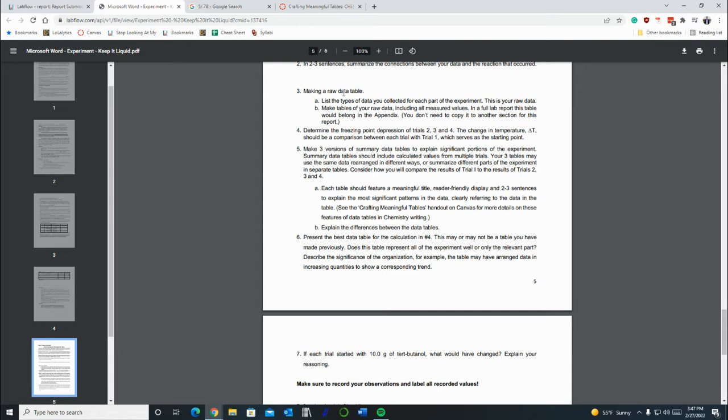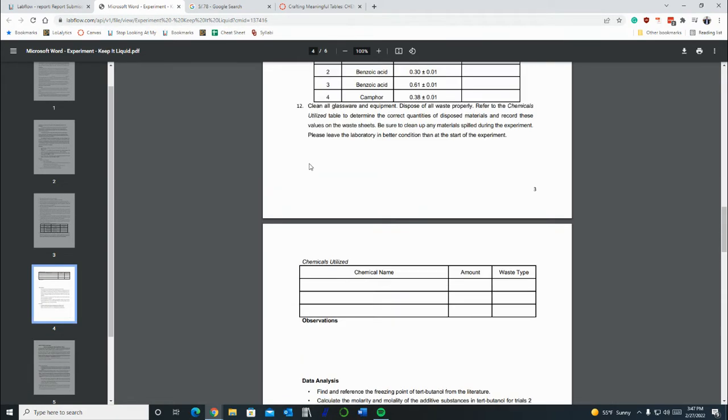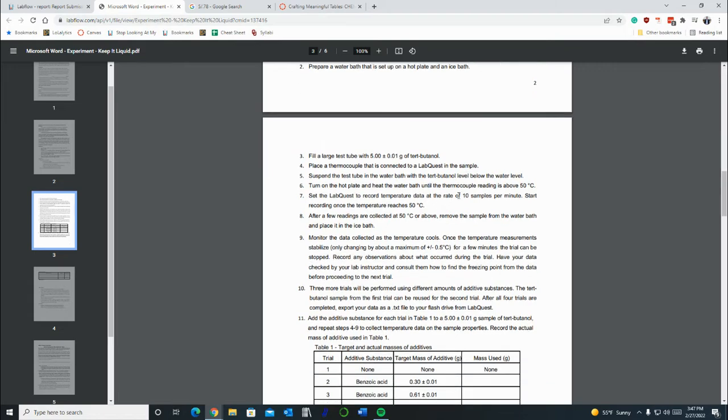So first it wants you to make a raw data table. It asks you to list the types of data you collected for each part of the experiment and to make a table of that raw data. It says to include all measured values, but I do not want that for this lab, because if you look at your procedure, you are going to be taking 10 samples per minute, which is one every 6 seconds.